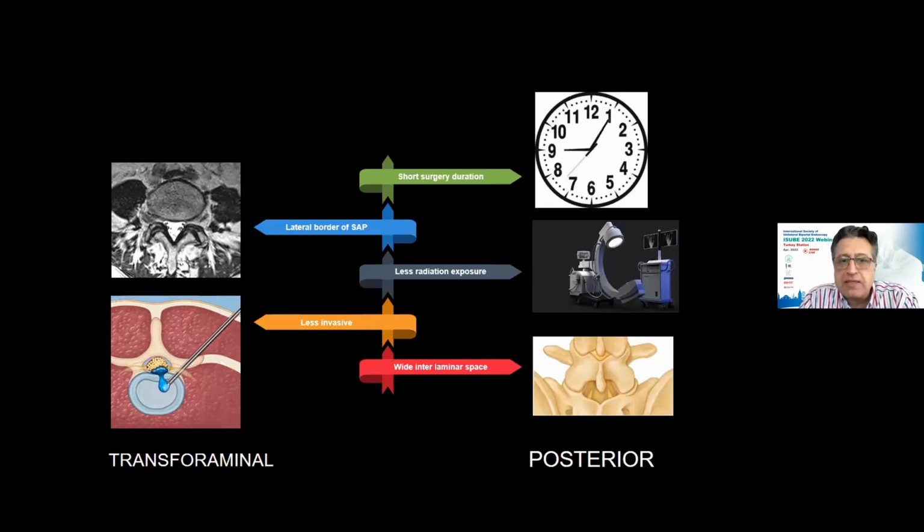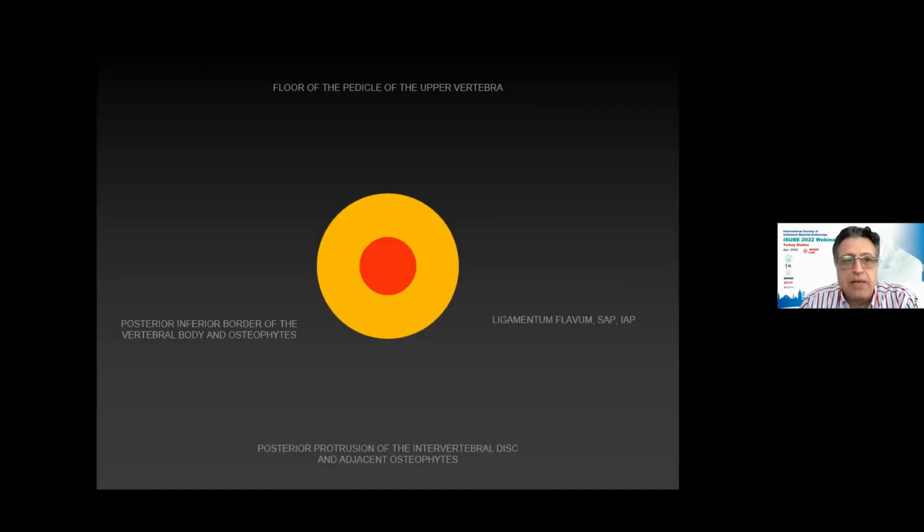We have less radiation exposure with the posterior approach, not only for UBA, but also for the transforaminal approach with monoportal. It shows us clearly the lateral border of the SAP, and the surgical duration of the posterior approach seems to be less many times.